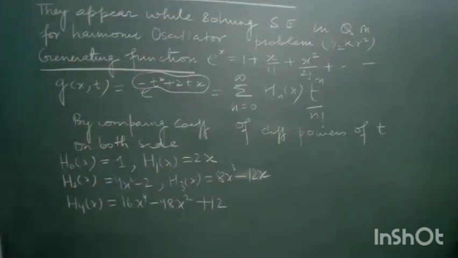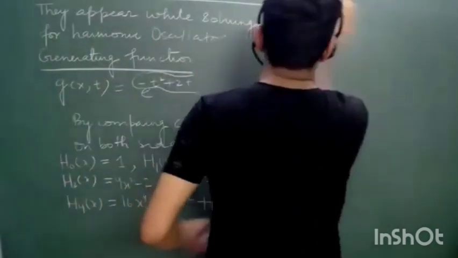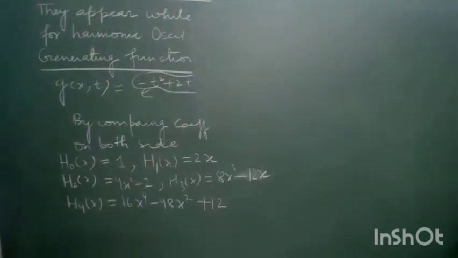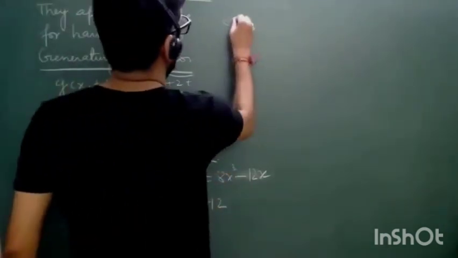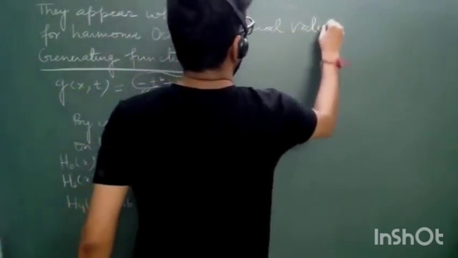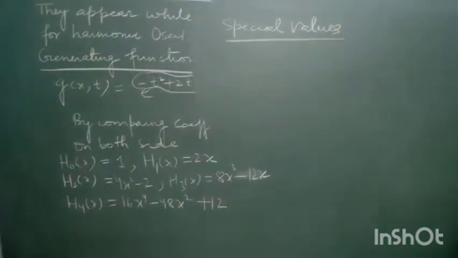So let us calculate the special values. And the question was asked on these special values. So for example, two special values are very important.